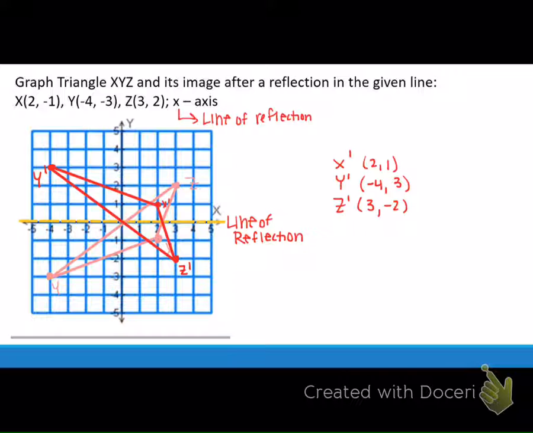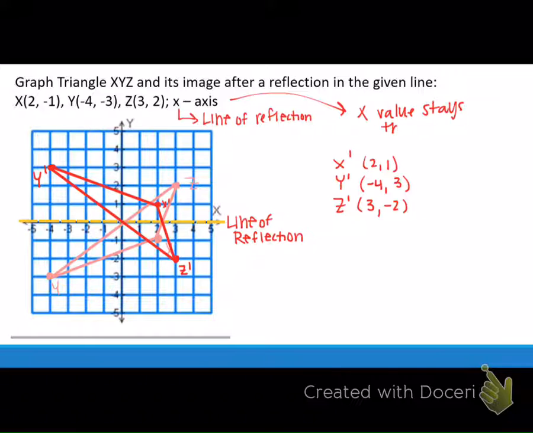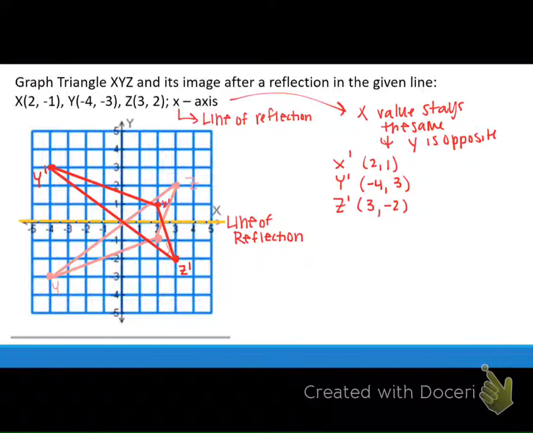So the x value stays the same, but the y value just changes signs. If you can't remember that, that's not a huge deal. You can always plot it, but just something that we're noticing.